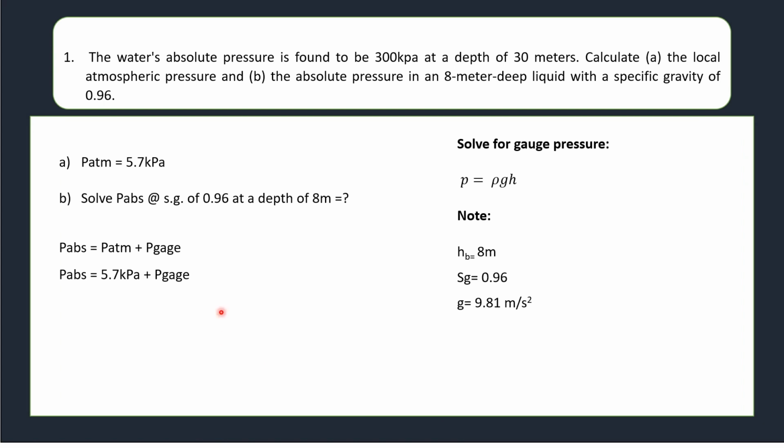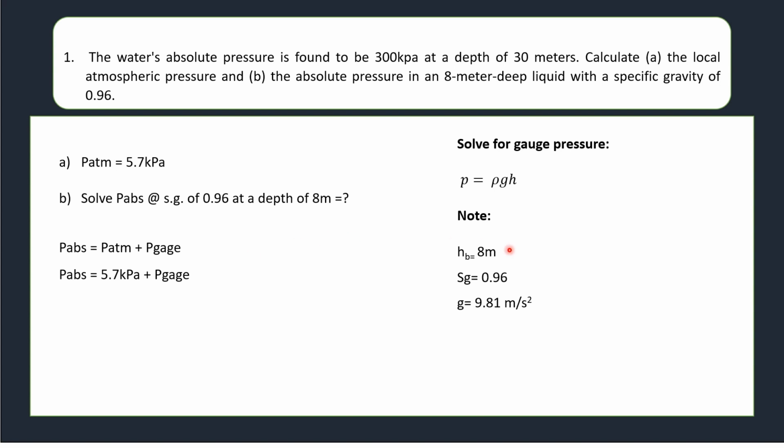Next, we are going to solve for the absolute pressure at a specific gravity of 0.96 at a depth of 8 meters. We already know that the formula for absolute pressure is equal to atmospheric pressure plus gauge pressure, but we don't have the value for gauge pressure.